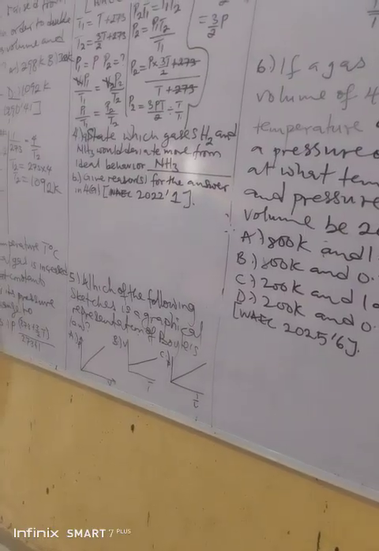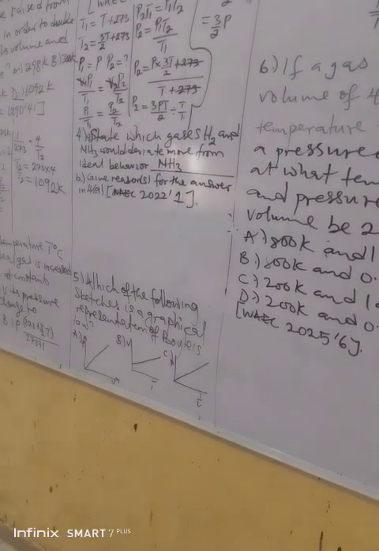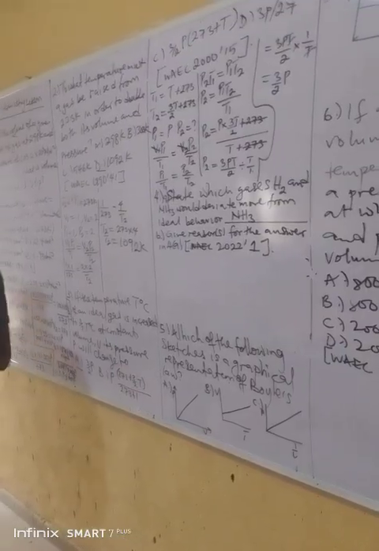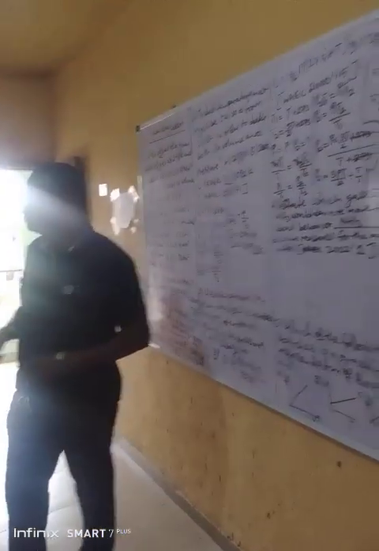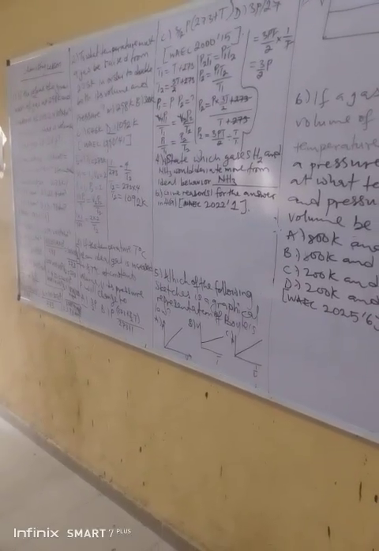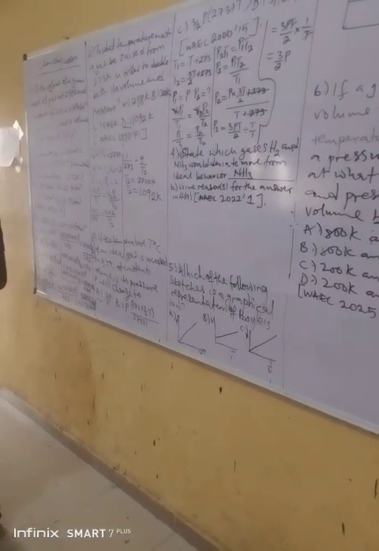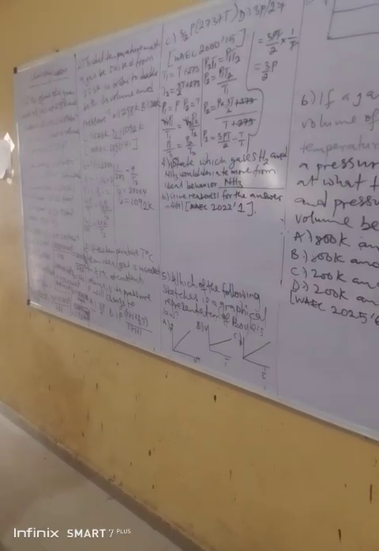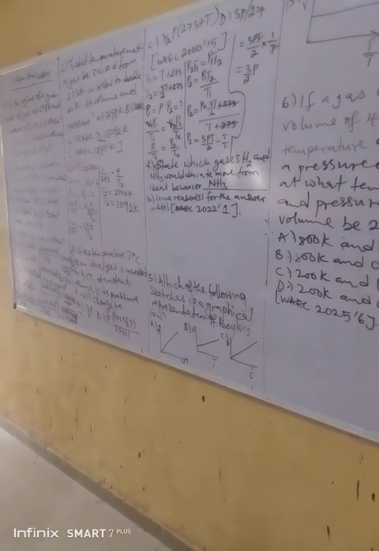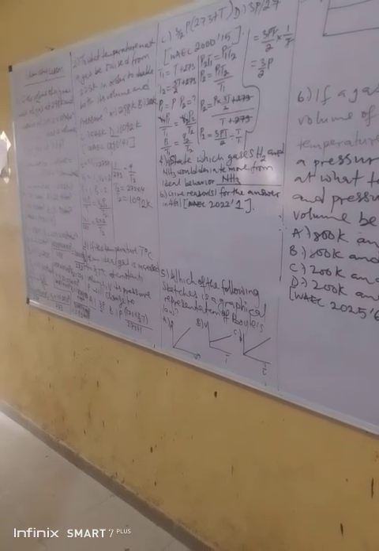What are the ideal behaviors? Ideal behaviors are the behaviors of gases that obey the kinetic theory of gases. Now, there are two ideal behaviors that are deviated from.